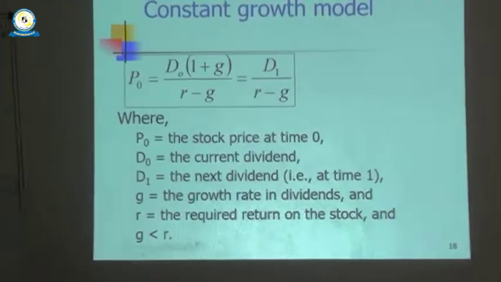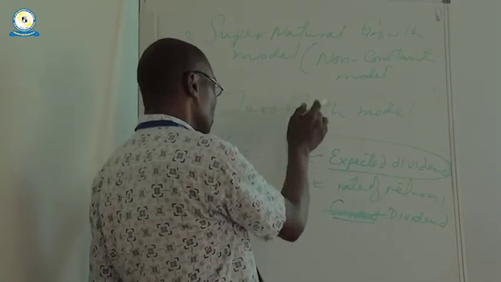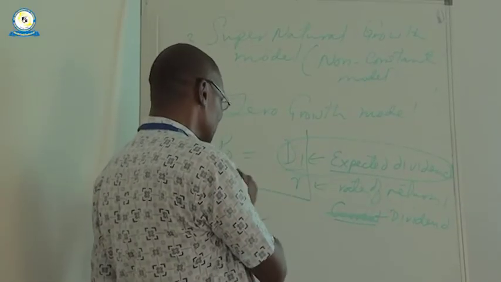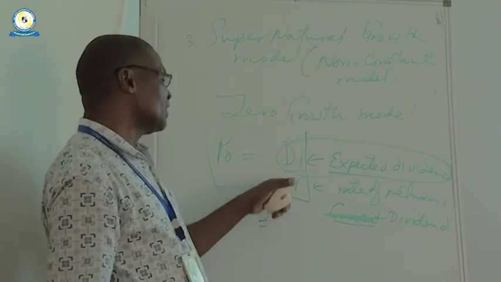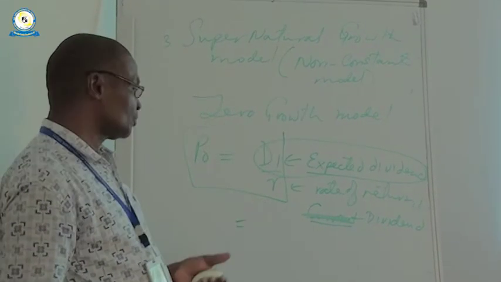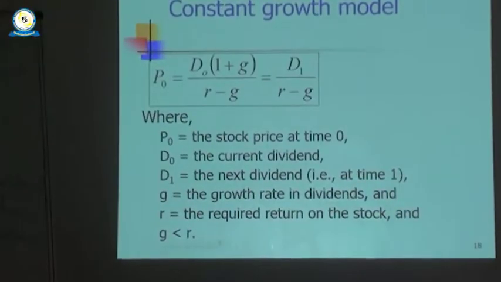This current dividend will be given when you are dealing with the constant growth. So for the zero growth, this is just a formula. P0 is equal to dividend divided by rate of return. As simple as that.